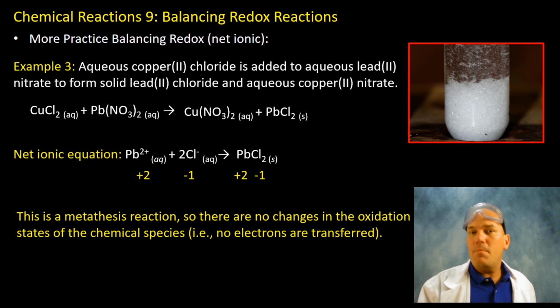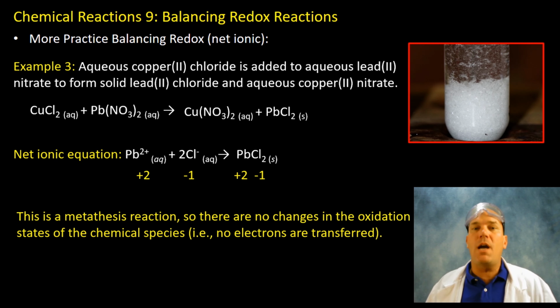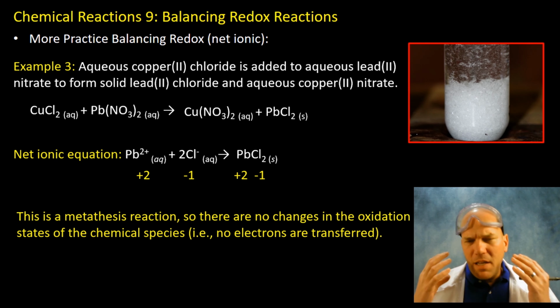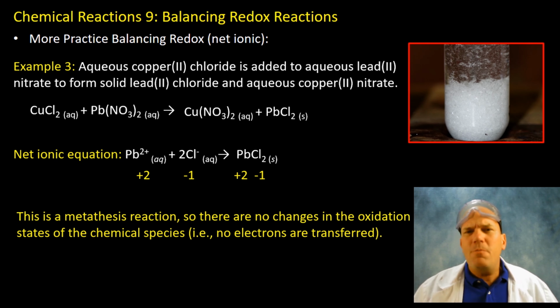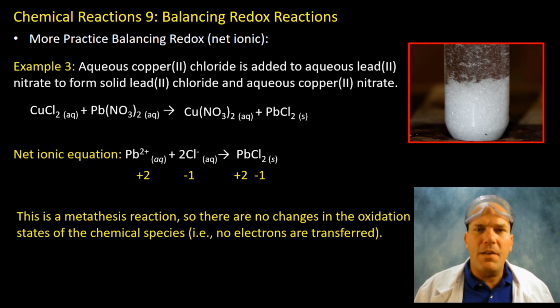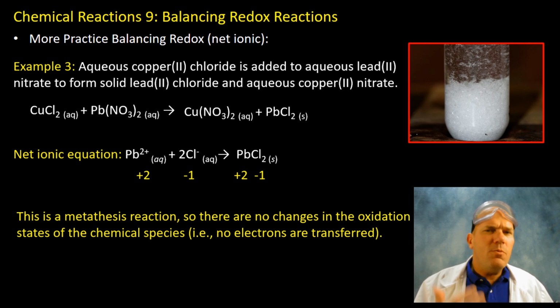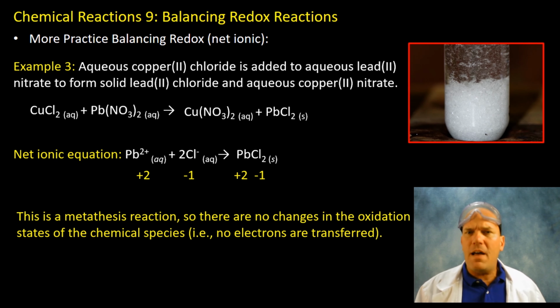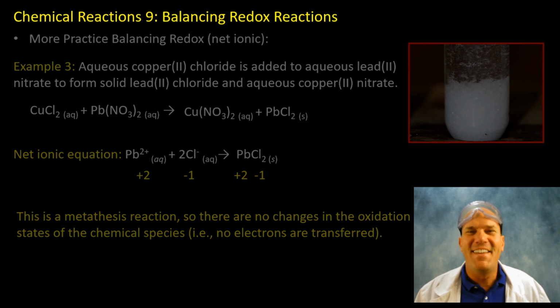We have a chloride -1, and we're producing a chloride -1. So I wanted to show you this because not every reaction is a redox reaction. So I wanted you to remember that there are reactions that do occur that don't involve transference of electrons.